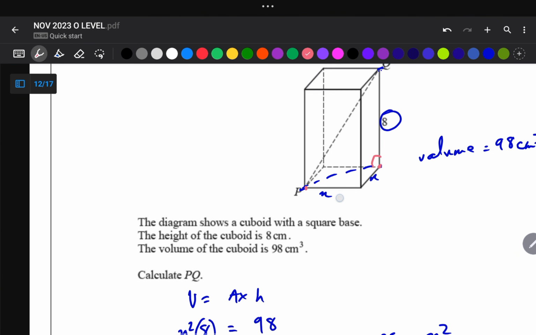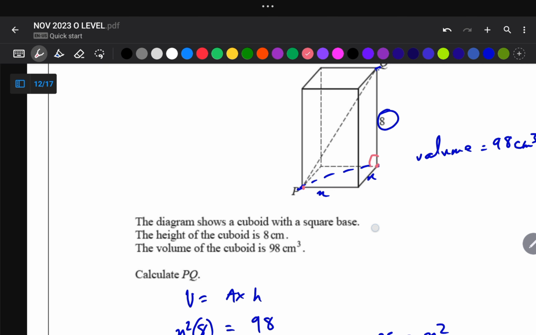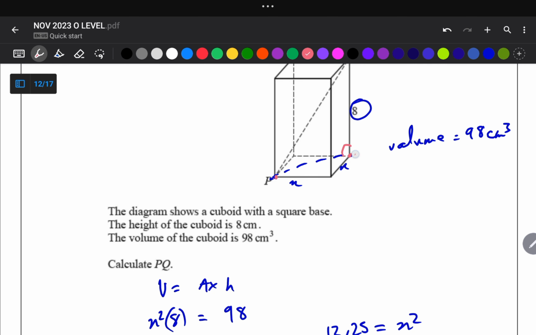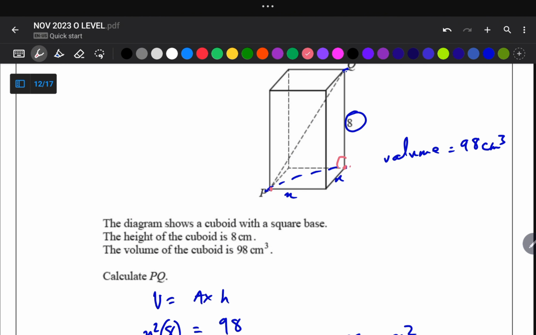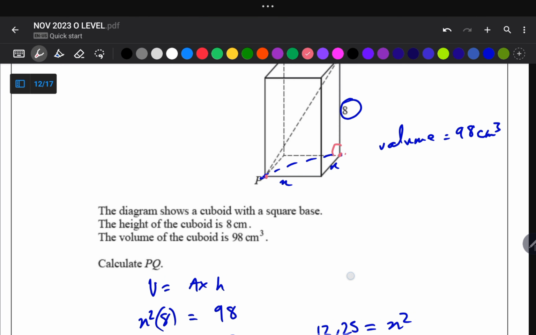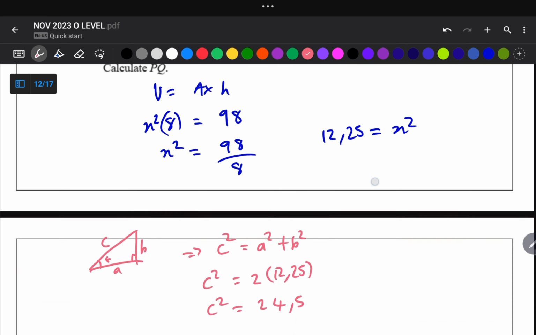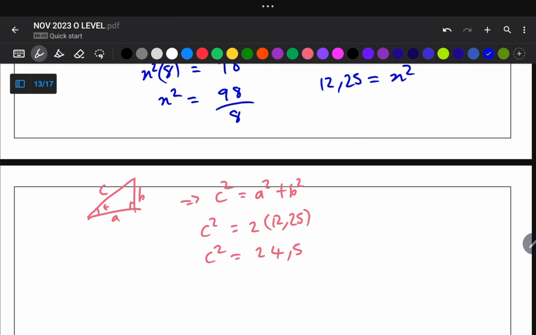Okay, and then after we have managed to calculate the length from point P to this corner, we are also going to use our Pythagoras theorem to find the hypotenuse PQ. So given that our height is 8, and this length here is the root of 24.5. So we are going to say PQ squared is equal to 24.5 plus 8 squared.